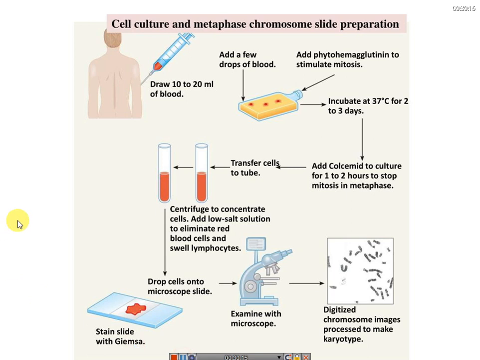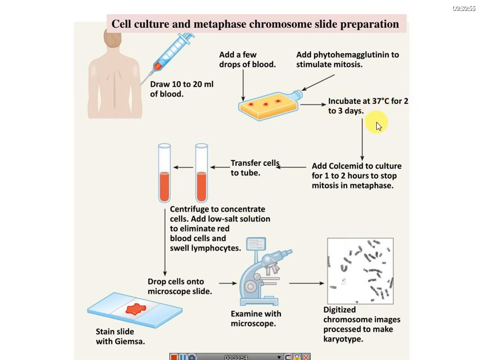This figure shows you a general scheme of how to isolate cells for staining of the chromosomes in metaphase. You can use blood cells to do that. We usually isolate some 10 to 20 ml of blood, and then we use a few drops of the blood to cultivate the cells to stimulate mitosis, and we incubate the cells at 37 degrees Celsius for 2 or 3 days.